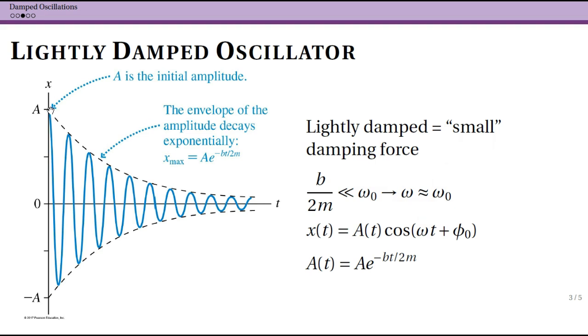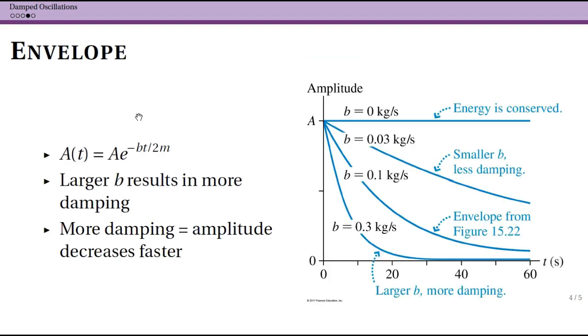We refer to this exponential decrease in amplitude as the envelope. The envelope is going to have this exponential form, and note that it's negative. So that means it starts at a maximum value. If you plug in t equals 0, this exponential term is 1. So it starts at some maximum amplitude and decreases with time. If b is equal to 0, this is the same as having no damping, so A stays constant.